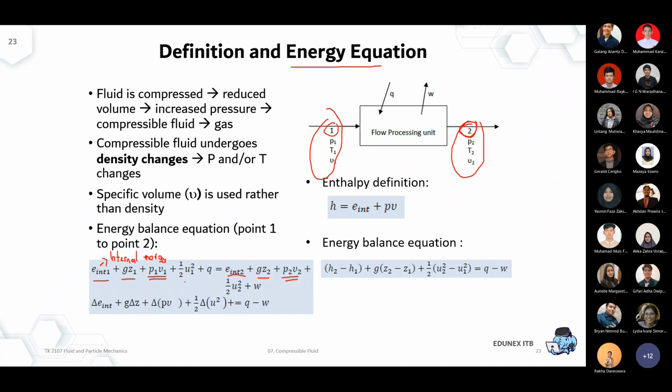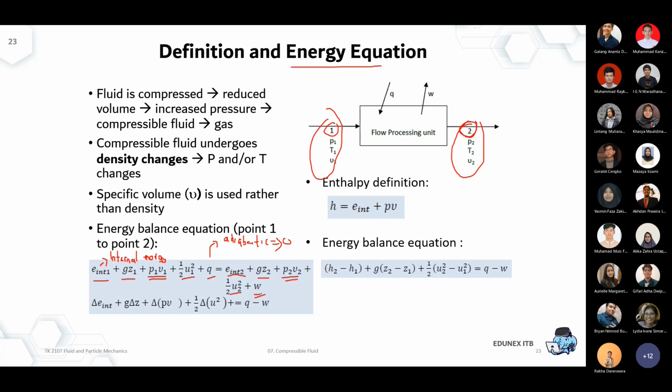Or if you need to increase the velocity from condition 1 to condition 2, then you can provide the compressor. Q would be the heat exchange in the system. If it's adiabatic, then it's 0. And W, of course, is the duty requirement for the compressor.